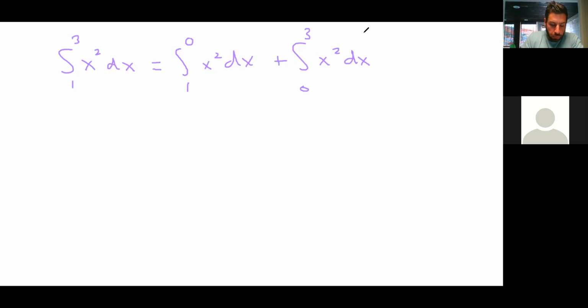Now I use property 2 to flip this. This is minus the integral from 0 to 1 of x squared. I'm using my integral properties, and I'll remind you of what they are in a second. If you're interested in what I'm using, here I'm using property 3.